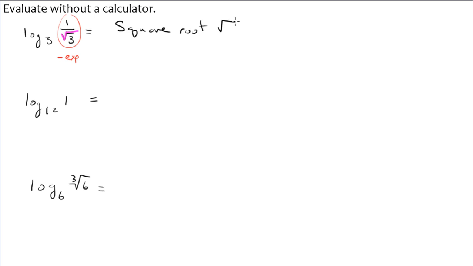And we write the square root as raising something to the 1/2 power, right? So the square root of x is x to the 1/2. So I've got 3 to the 1/2.